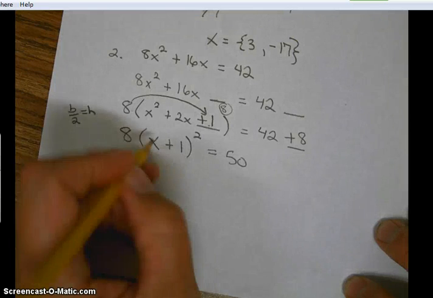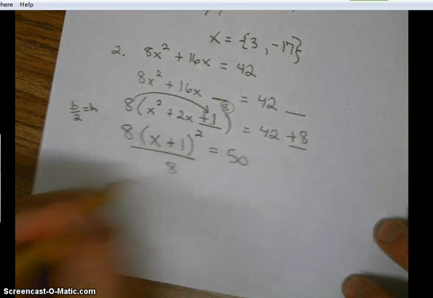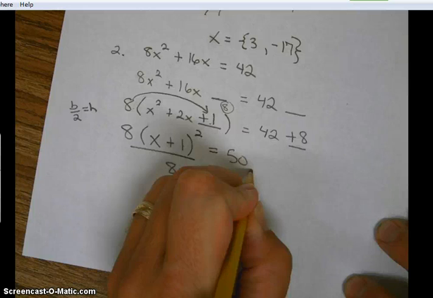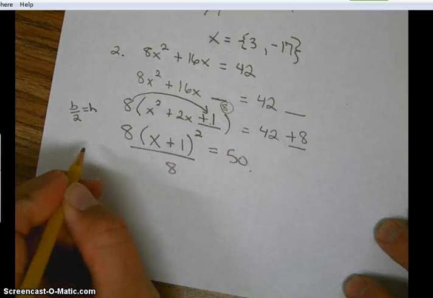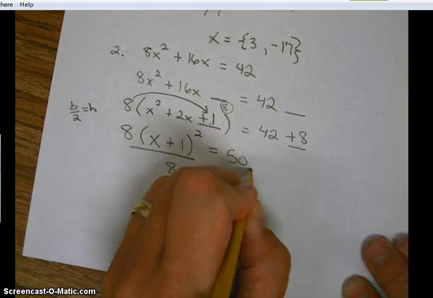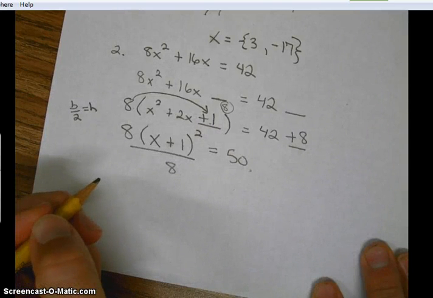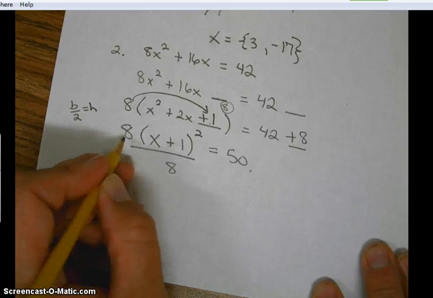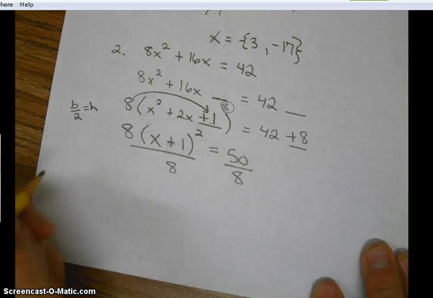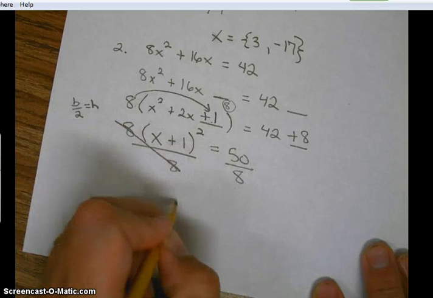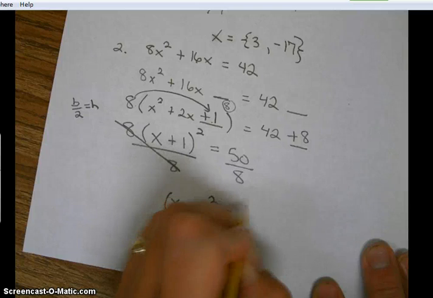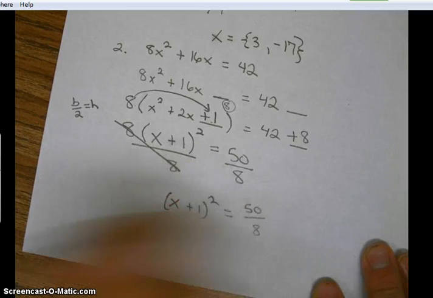So solving this, we get x plus 1 squared equals 50 over 8.